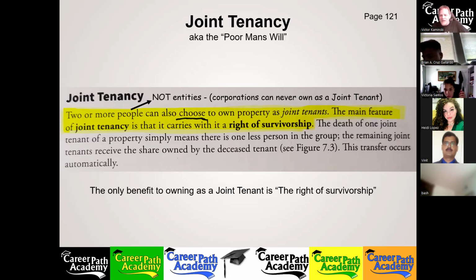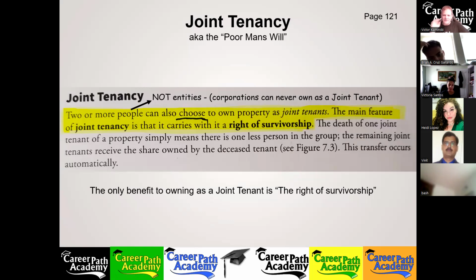When one co-owner dies, the surviving co-owners will automatically equally split the shares of the owner who had died until there's one person remaining, at which point they will own it in severalty, and then they can leave it in a will to their heirs. A joint tenant cannot leave a property in a will. Why? Because when they die, their co-owners split their shares. That's the whole purpose of joint tenancy, the right of survivorship.